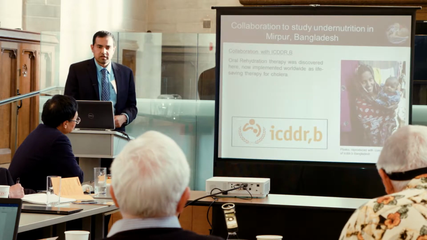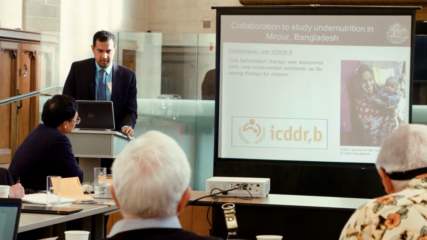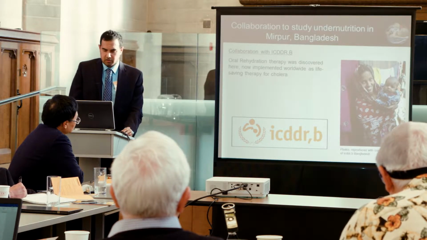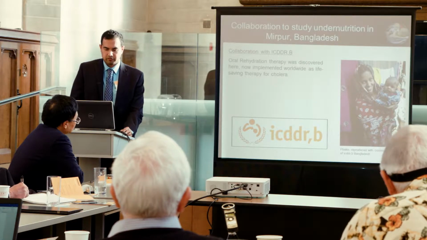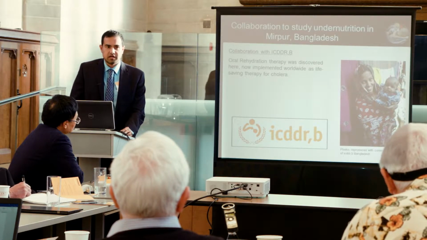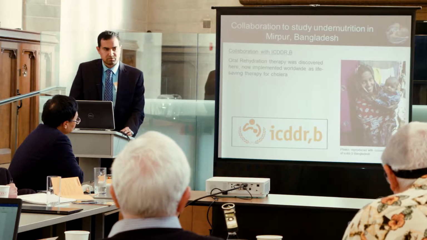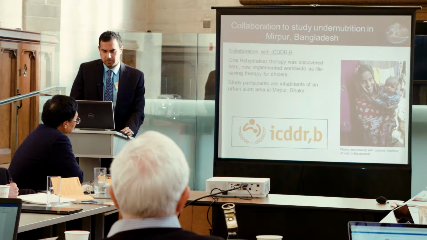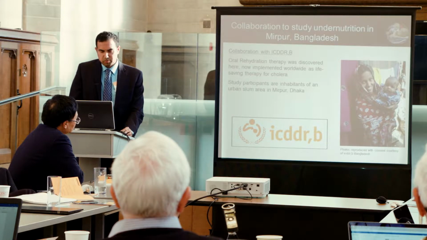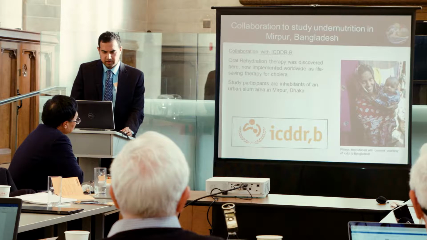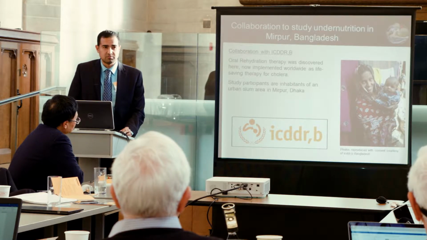So to study this, we collaborated with colleagues at ICDDRB. This is an exemplary organization, particularly in the public health field, where it was here that oral rehydration therapy for cholera was discovered and now is implemented worldwide as life-saving therapy. Mirpur is an interesting place because it's an urban slum area. It's extremely densely populated.